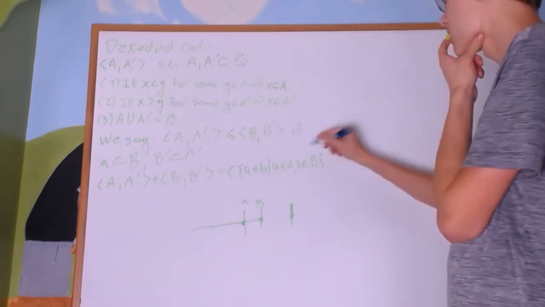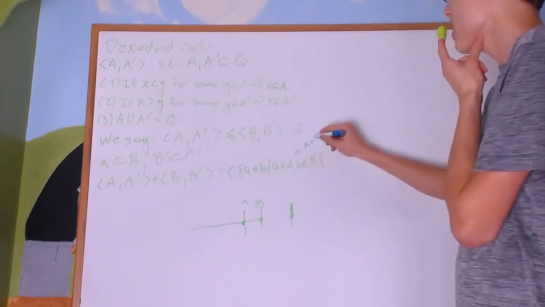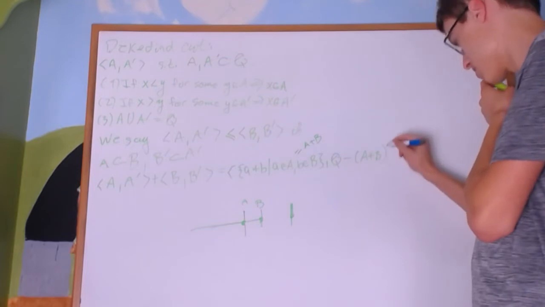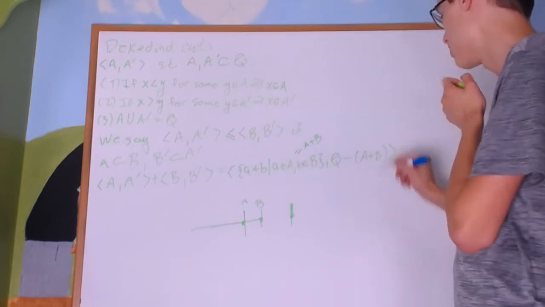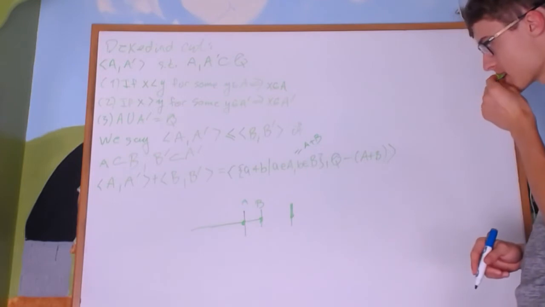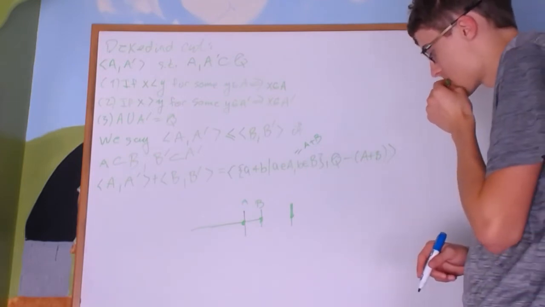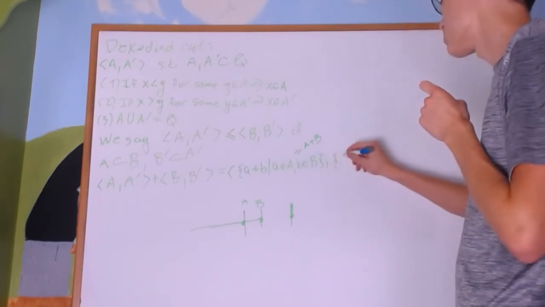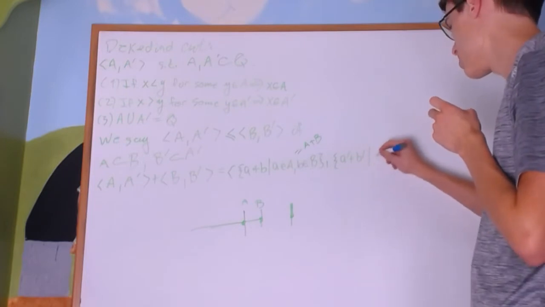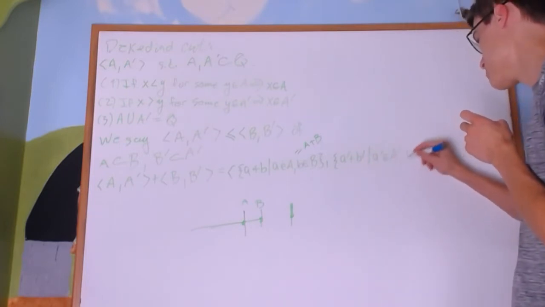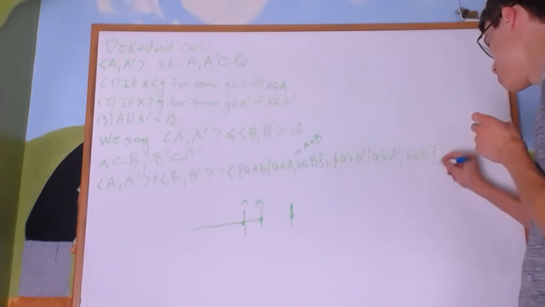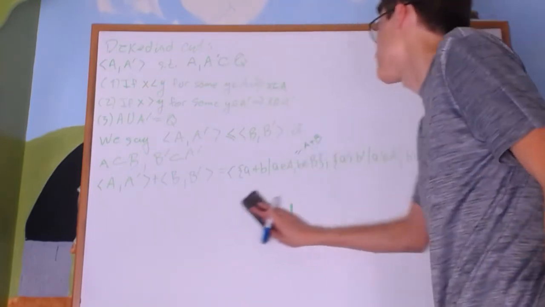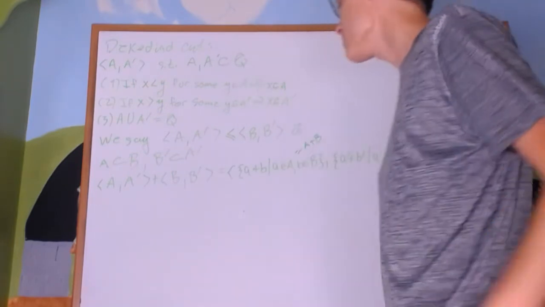Alright, and then if I call this a plus b, then the other one's going to be Q minus a plus b, which is actually harder to define, so that's why I'm not doing it. Actually, no, I could also just do the same thing for this one. So it's going to be the set of a prime plus b prime for a prime in A prime and b prime in B prime. Alright, so that's how you do it. Okay.